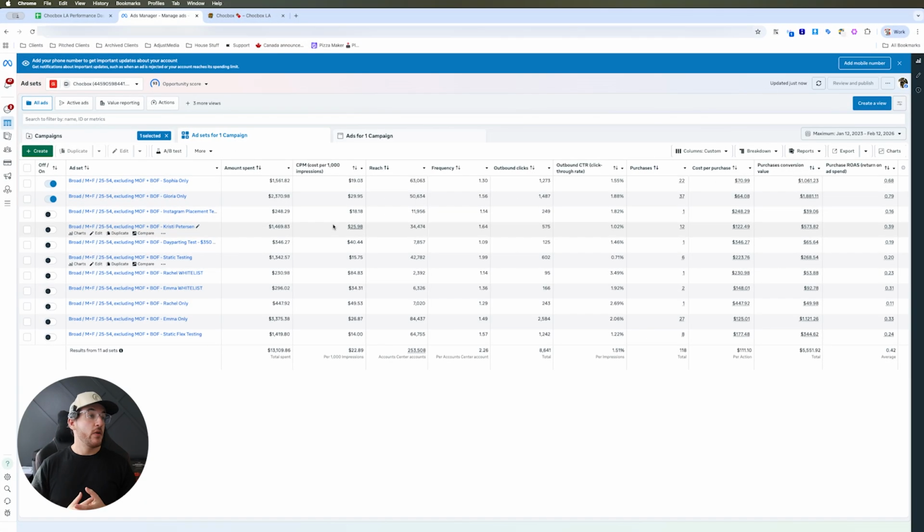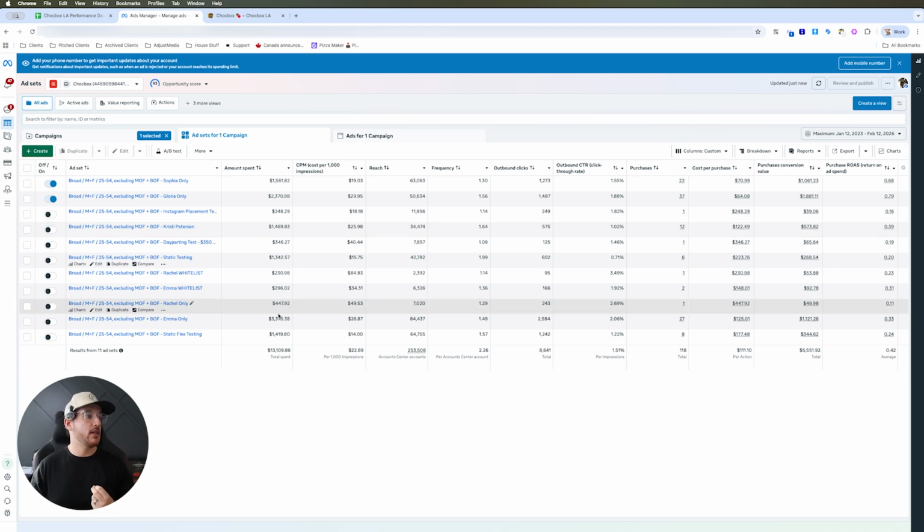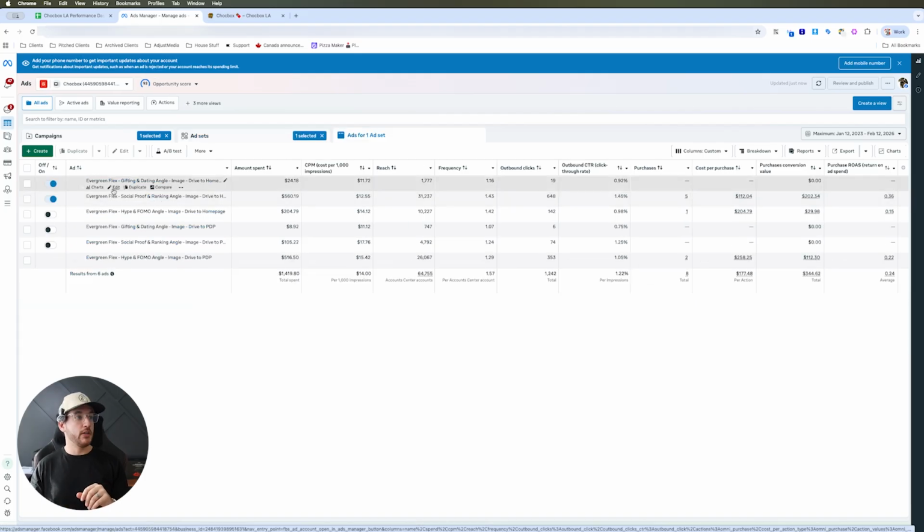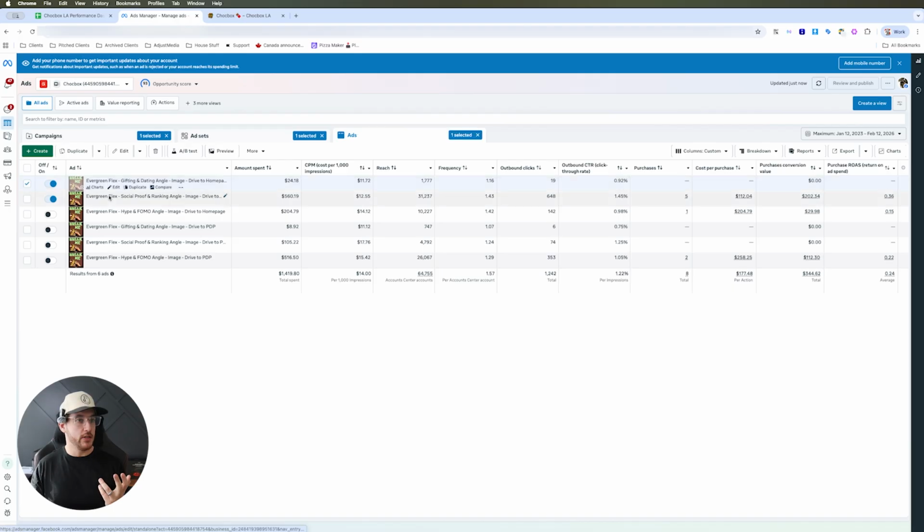The first test we ran was identifying and understanding how each creative format works. If you recall, in the first initial setup, we had actually tested static imagery within Flex ads. And the downside to that is that, number one, we weren't able to report appropriately to understand what is actually working in terms of asset, what is actually working in terms of copy.